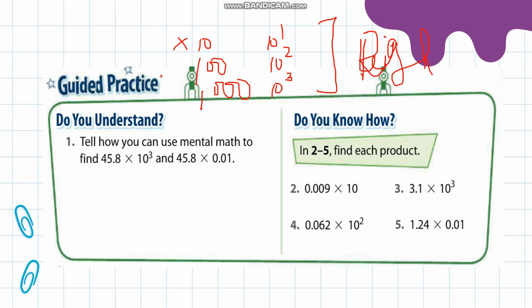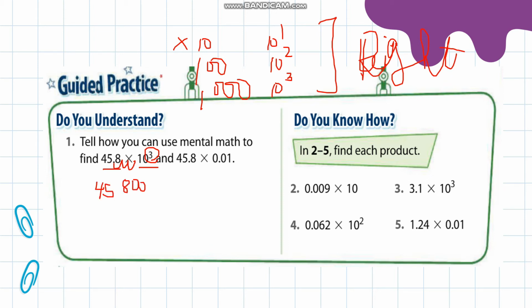Okay? So from the decimal. If there is no decimal, start at the end of the digit. So 45.8 multiplied by 10 cubed, I'm going to move the decimal to the right. How many times? 3 times because the exponent is 3. So 1, 2, and 3. So I need to add 2 zeros.